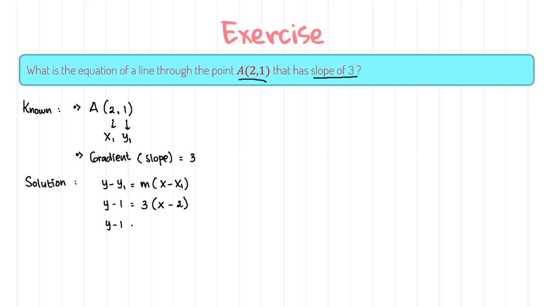And you can do a calculation. So y = 3x - 5. So this is the general form of the line. So this is the answer. Is it easy, right?